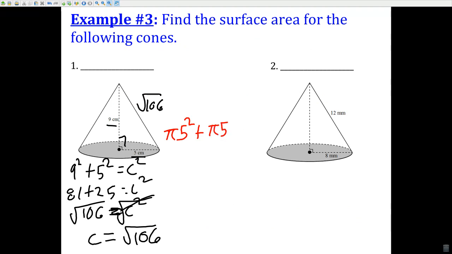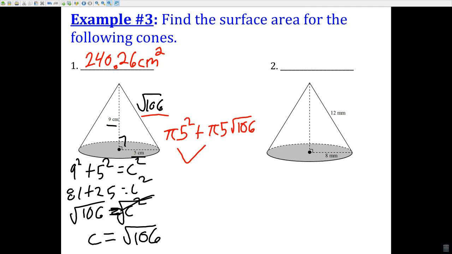Oh man, we just found that. Square root of 106. This is what you punch into your calculator. Great. All right, once you punch all this in, this is what I got. 240.26 centimeters squared. Squared because it's surface area. Alrighty.